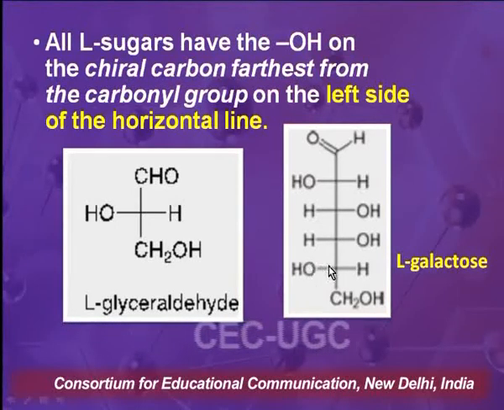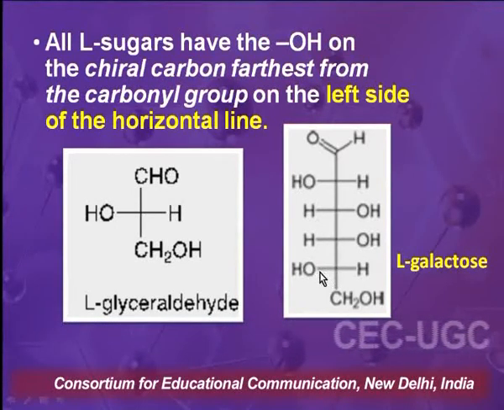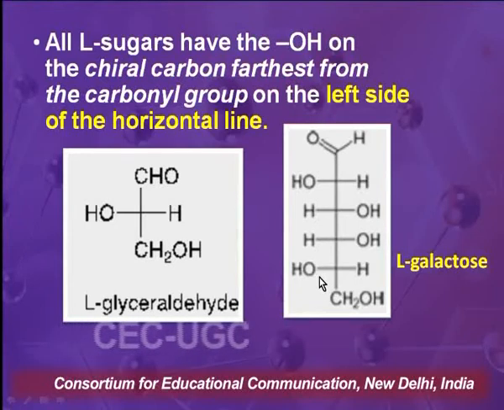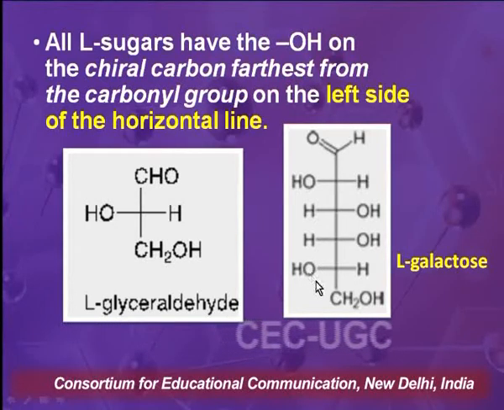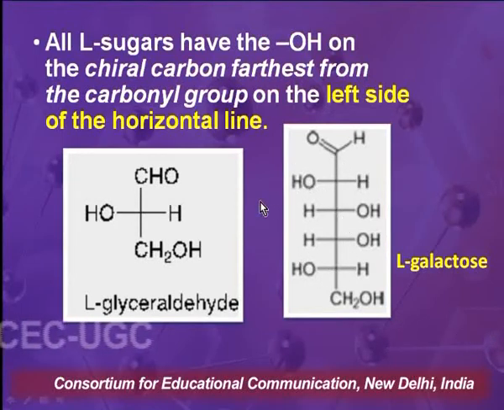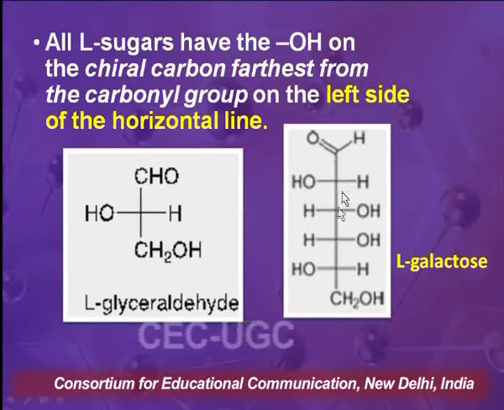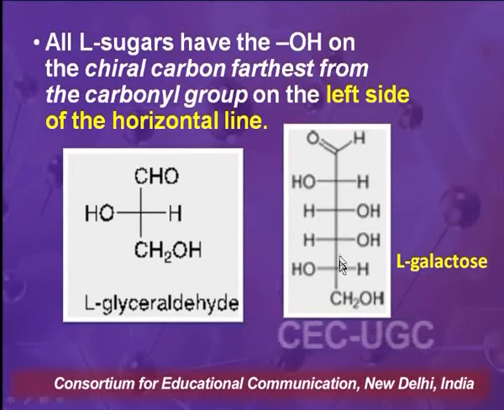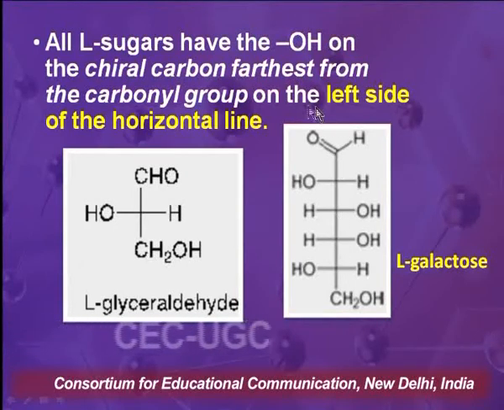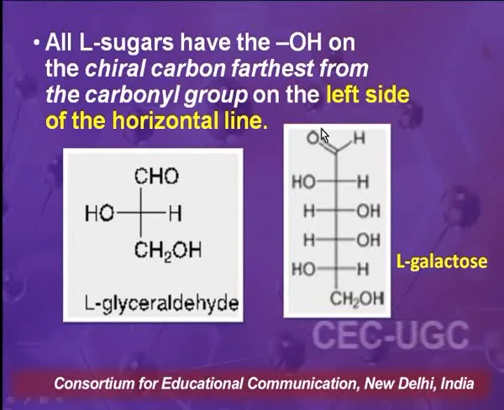Since it is on the left hand side, and I told you a simple way to remember L, it is having L configuration, as the OH is on the left hand side. So this molecule is having configuration capital L. So we can say the highest numbered chiral carbon, or the chiral carbon which is furthest away from the aldehyde group, right?